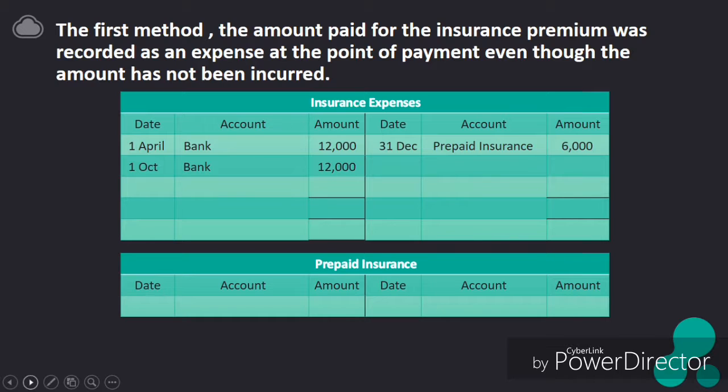So, actually the insurance premium is to cover the period from 1st April of the current year until 31 March of the next year. So, we have to record in the insurance expenses our prepaid insurance from 1st January until 31 March, amount 6,000 on credit side.